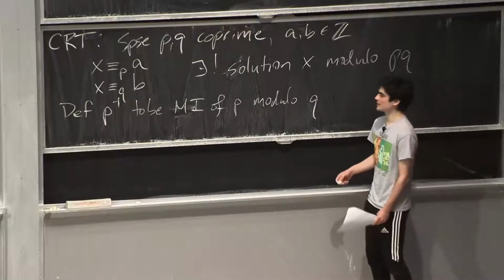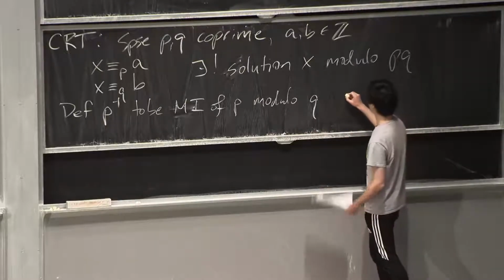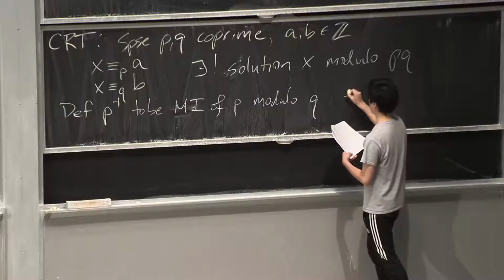And now let's multiply that by p to get the integer e sub q.